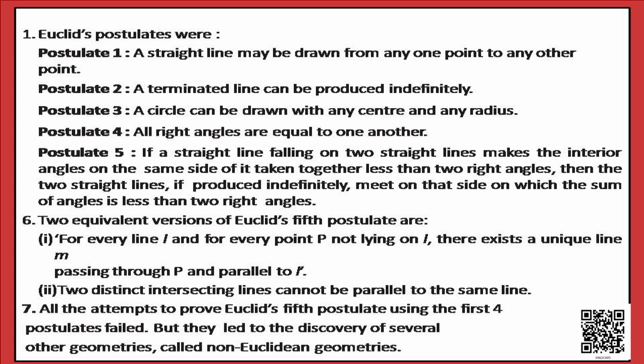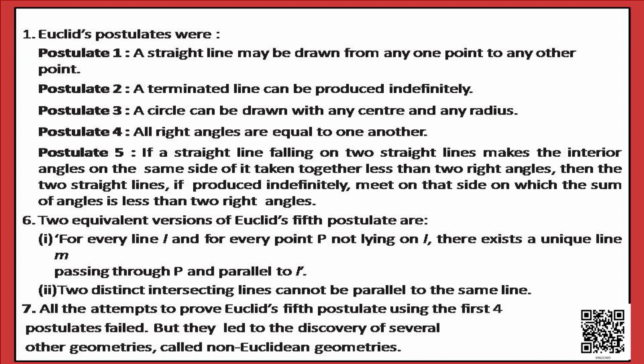Postulate 4: all right angles are equal to one another. Postulate 5: if a straight line falling on two straight lines makes the interior angles on the same side of it taken together less than two right angles, then the two straight lines, if produced indefinitely, meet on that side on which the sum of angles is less than two right angles.